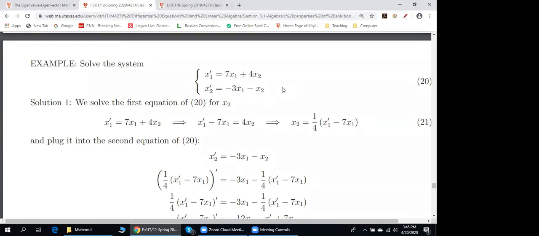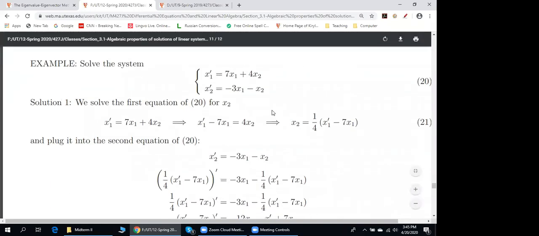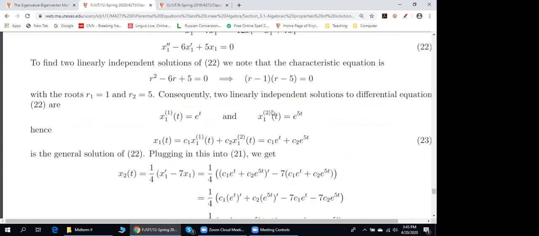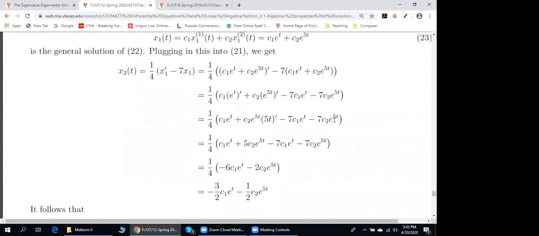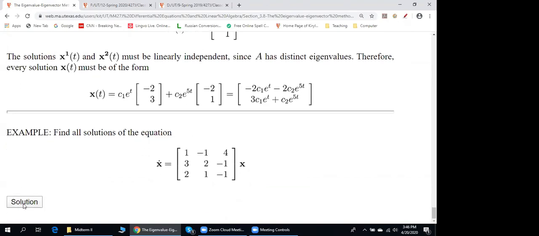The answer is yes, but in this case, the sequence of operations will be even more confusing. Note that if you solve a system using the substitution method, the solution is not short at all. However, if we apply the eigenvectors and eigenvalues method, the structure of the solution is fundamentally the same.